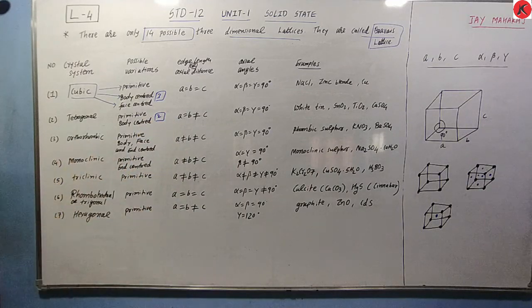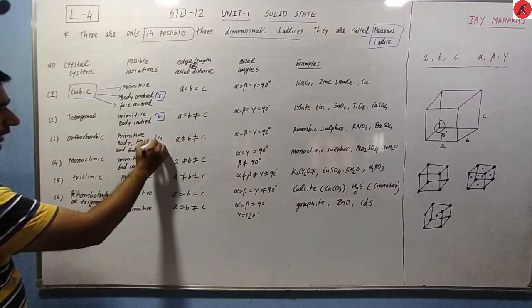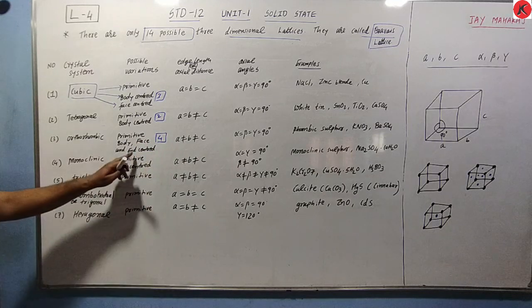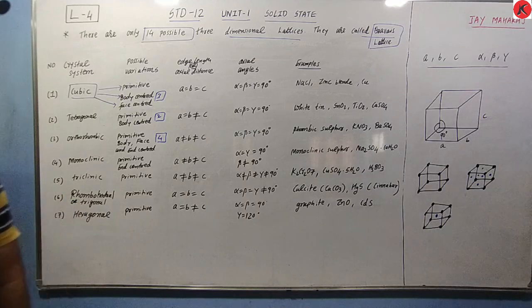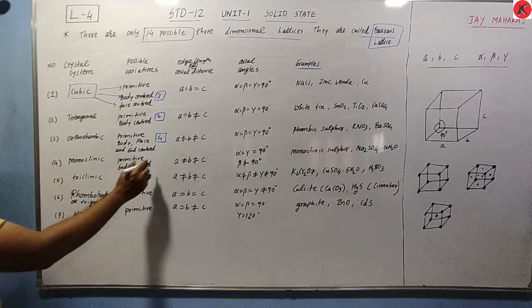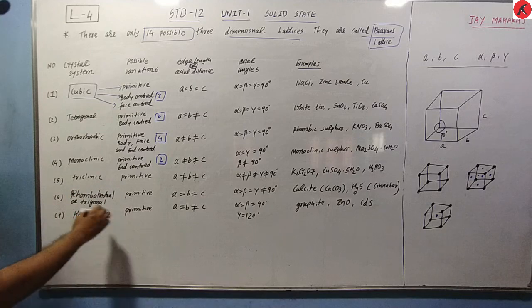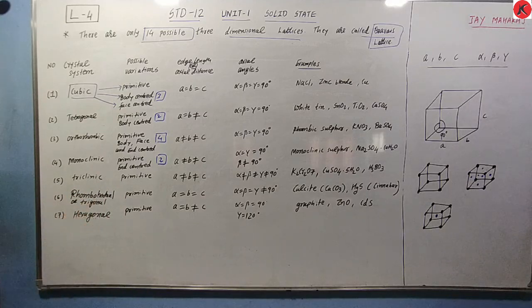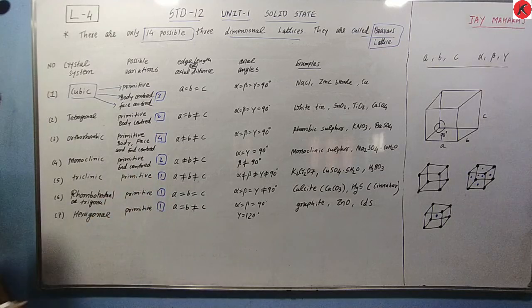Similarly, in the case of orthorhombic, all four types of variation are there, and end-centered we know very well: two extra particles are present at the centers of two opposite faces. Again, in the case of monoclinic, two possible variations. In the case of triclinic, rhombohedral and hexagonal, only one each, no possible variation.